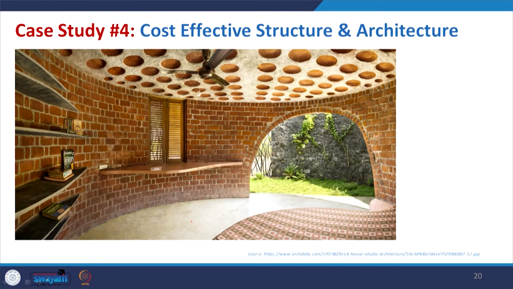This is another one where exposed brick is being used, and also the filler slab that I showed during the roof construction technique. This gives a very nice view from the inside. So, not only are we saving money, we also improve the aesthetic value.